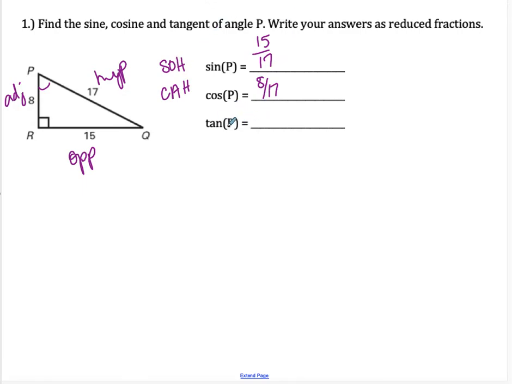And tangent is TOA, opposite divided by adjacent, 15 over 8. Now sometimes tangent could be an improper fraction like this, and that's okay, where the numerator is bigger than the denominator. Nothing to reduce here. Let's go to the next example.